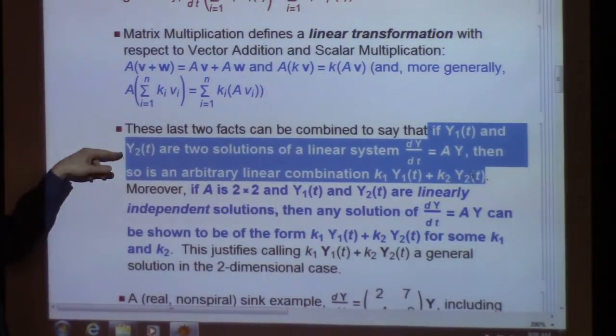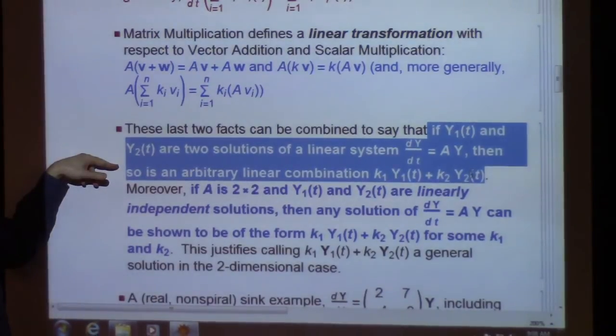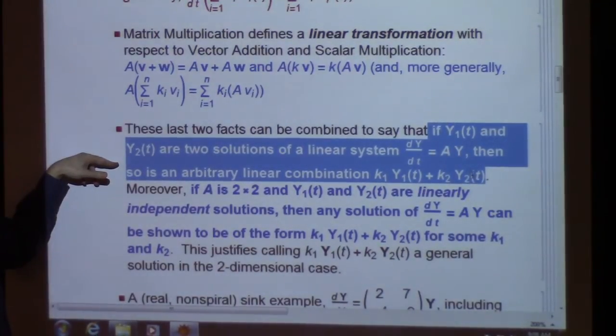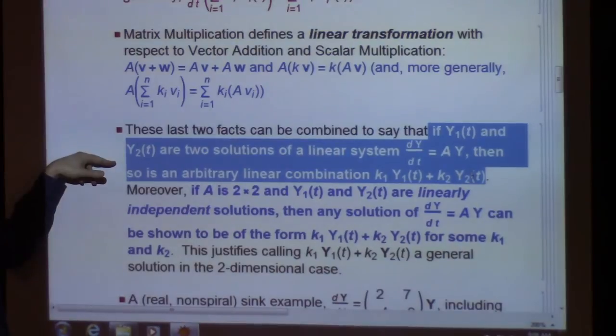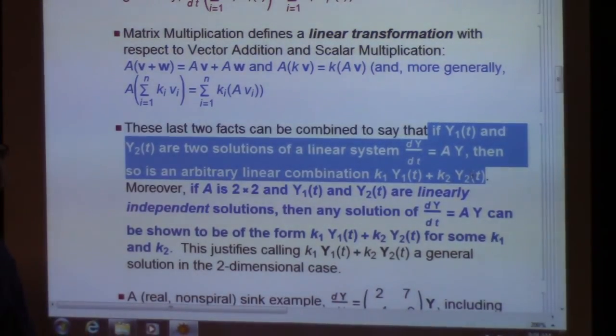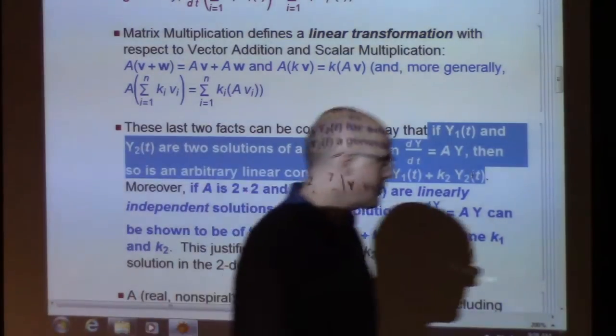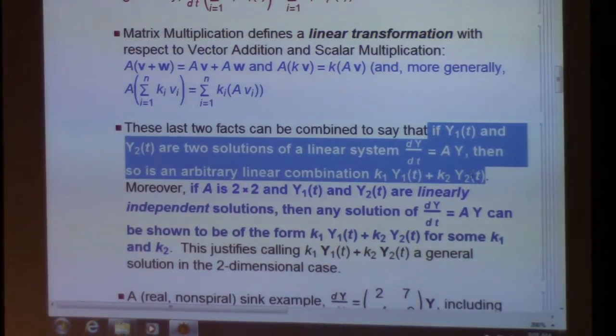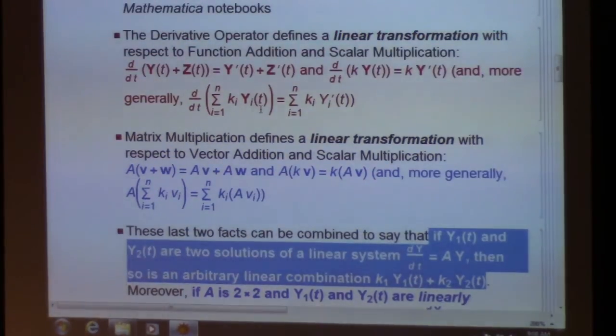I'm going to try to focus on proving this thing here, which, by the way, is a possible type of proof that can come up on the test. Okay, there will be one proof on the test, and that's a possible type that could come up in the test. It's related to two properties about derivatives and matrix multiplication.